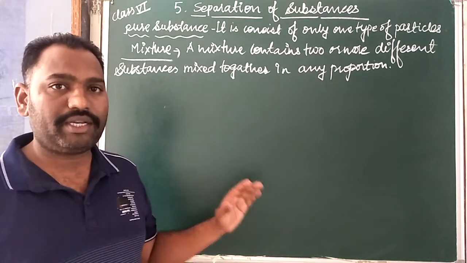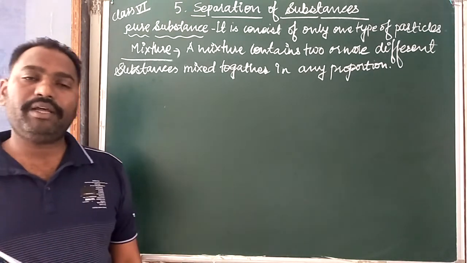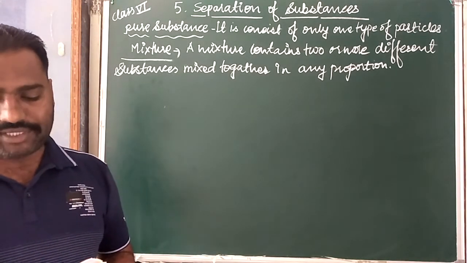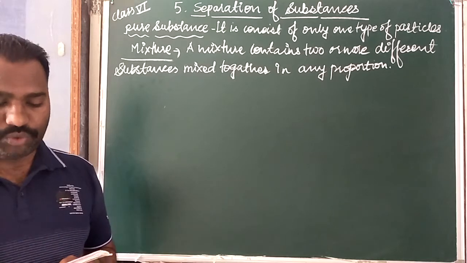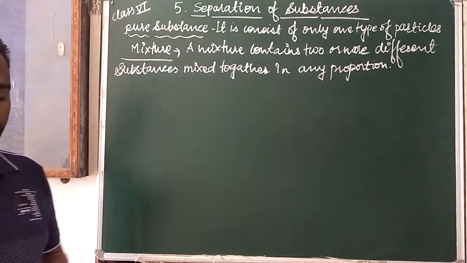Only the taste of the water changes, because now it is a solution. The components are present in the mixture, but they are not visible to our eyes. Such a mixture is called a homogeneous mixture. All solutions are homogeneous mixtures.